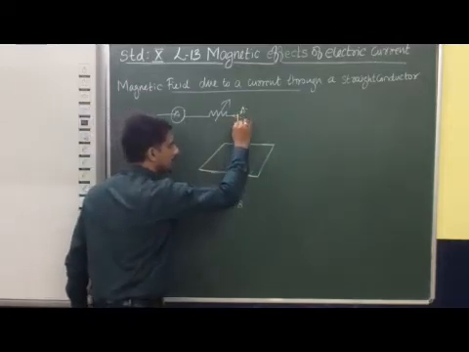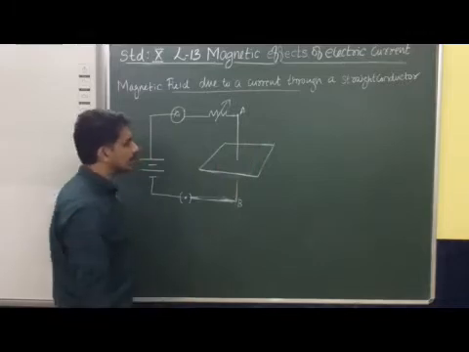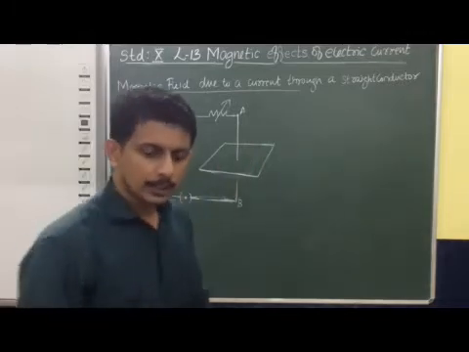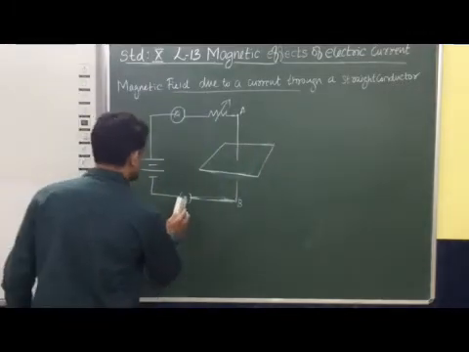This is the way we are representing our current carrying conductor AB. Initially we can consider this switch is open.